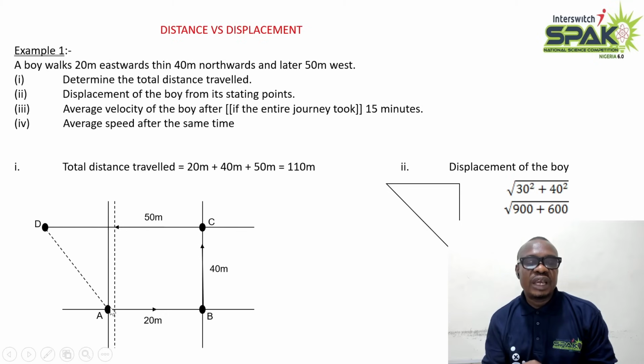So from this point here, A, to this particular point, what is the distance? The distance corresponds to the distance from B to C, so this is 40. Then what about this point to D? If the entire length from D to C is 50, and from A to B, which corresponds to this end to C, is 20, it means that from D to this particular point here is 30 meters. So here is 30, here is 20. Since it's a right angle triangle, what then will I do?